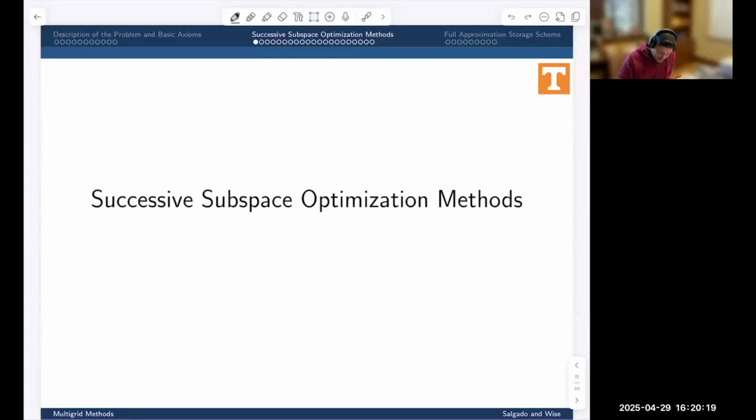We're trying to find a u, which is the argument that minimizes some energy over some energy space that is a Hilbert space.